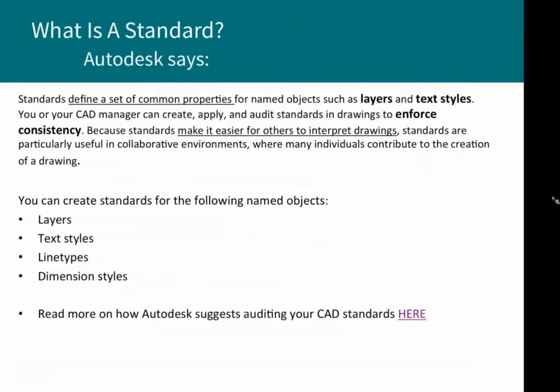Autodesk gives a very basic and brief description of what a standard is. It defines a set of common properties for objects, and they list just a handful of things to think about: layers, text styles, line types, and dimension styles. That is the very bare minimum of what you need to work in the file, attach it, and print it.